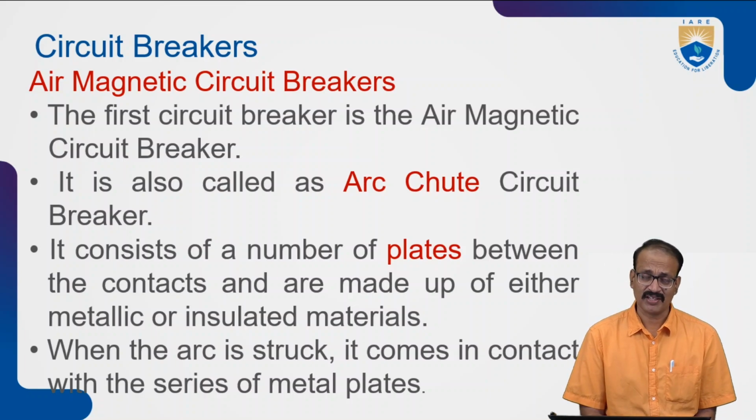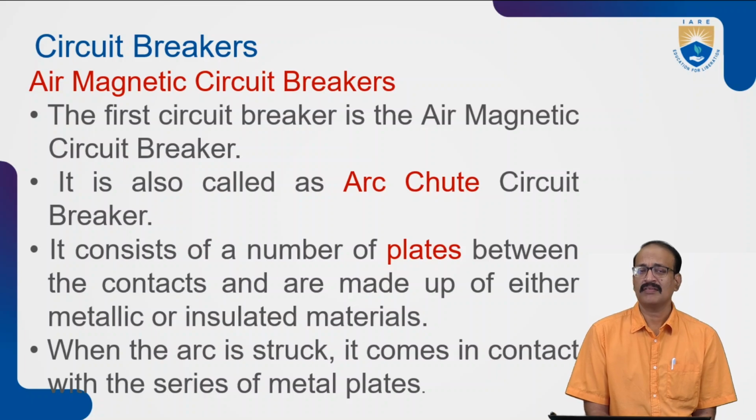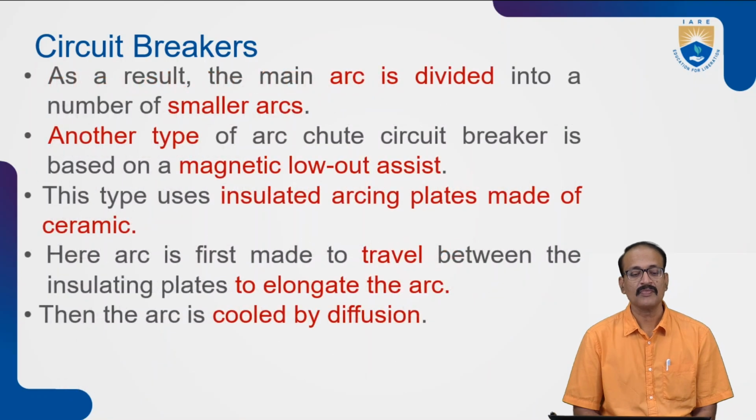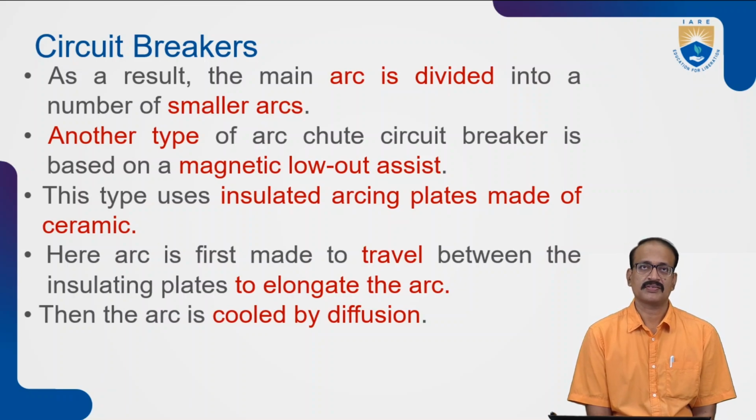Whenever the arc is struck, the medium here will be air only, but the arc will be in contact with a series of plates. So indirectly we are cutting this arc into a number of small arcs. Okay, that means we are dividing this arc into smaller arcs.